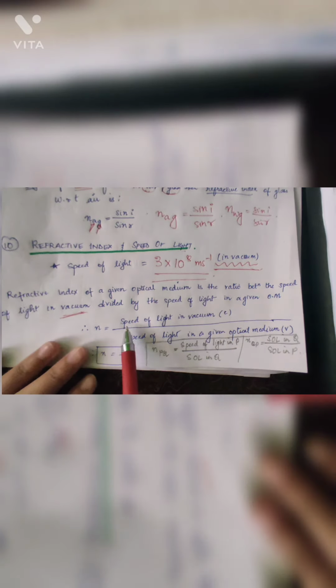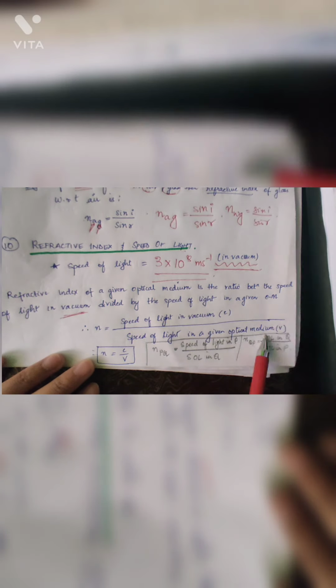So it is the ratio of the speed of light in vacuum, that is in nothing, divided by the speed of light in the given optical medium, that is if it is glass, water, air. It can be any optical medium. So it is denoted by n is equal to c by v.